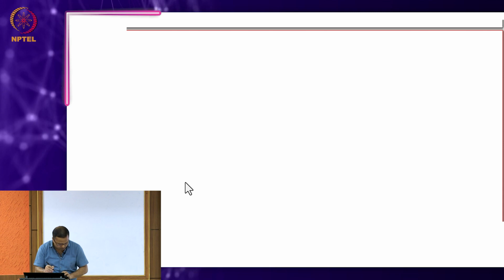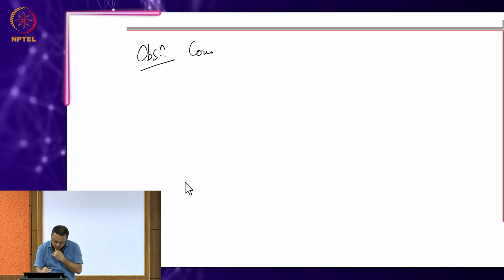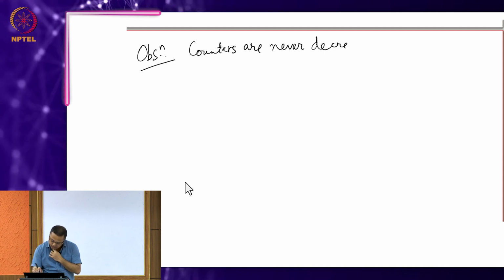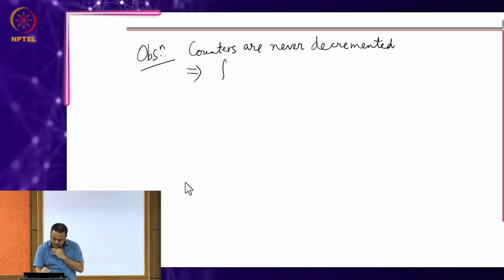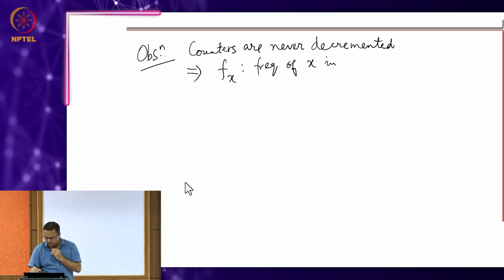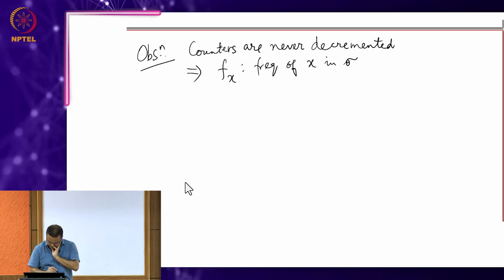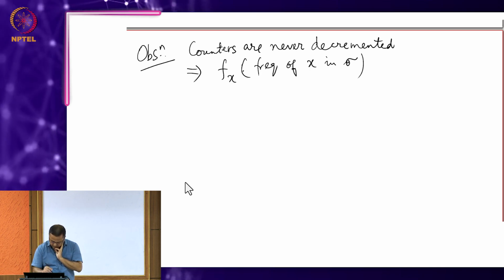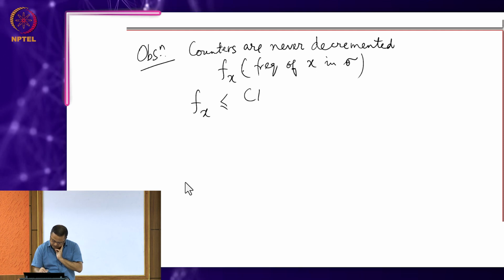Okay, so, before I go deep into that, let me make an observation that counters are never decremented, which implies that fx, the frequency of x in sigma, is always less than the counter value.